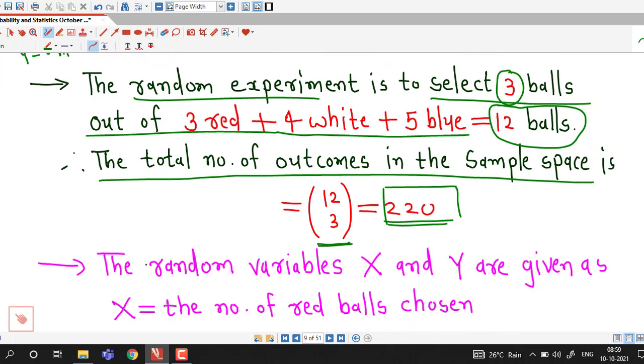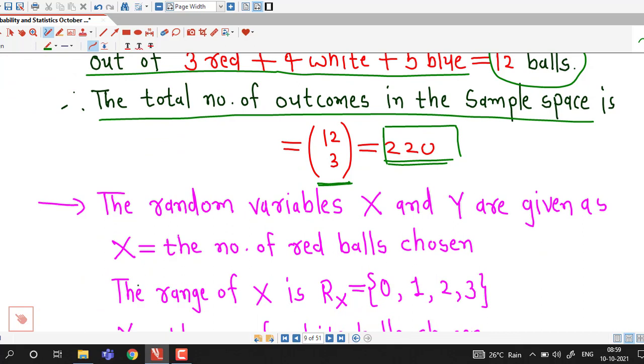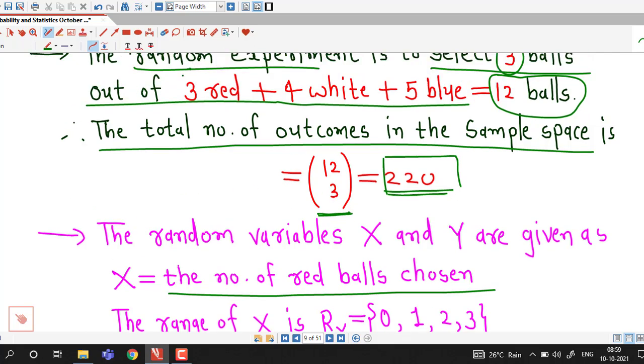Now the random variables X and Y are given as: capital X is the number of red balls chosen out of these 3 balls, and since there are 3 red balls, the possibility of the number of red balls is 0, 1, 2 and 3.